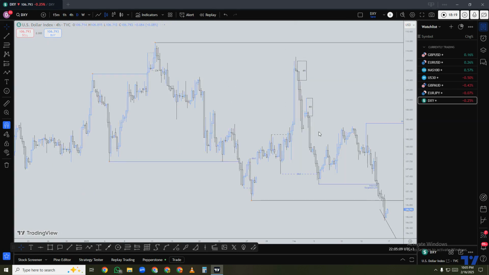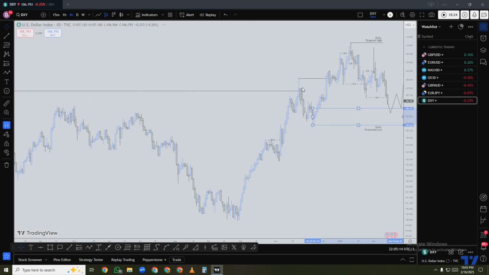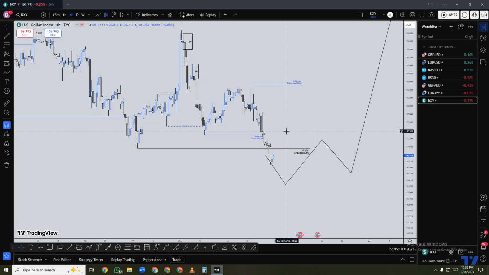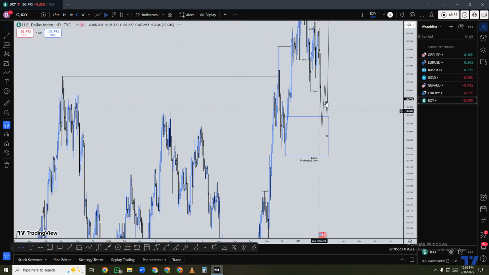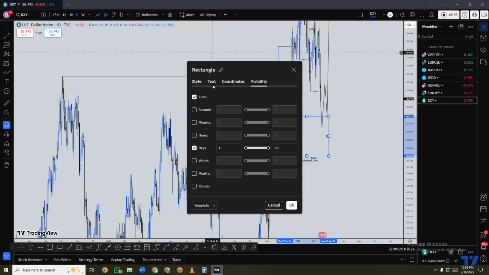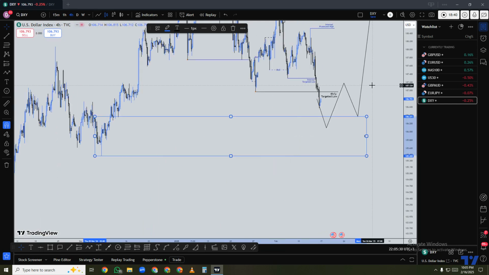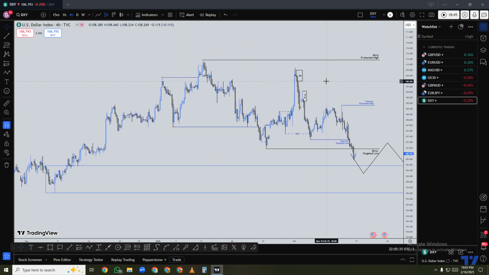So moving on to the 4 hours, what can we see? Yeah, let's move to the 4 hours. And on the 4 hours, this is what we've got. Remember, by the way, I normally focus on the daily time frame and the 4 hours time frame, and then I use 15 minutes for execution.